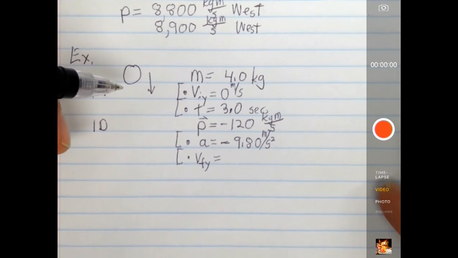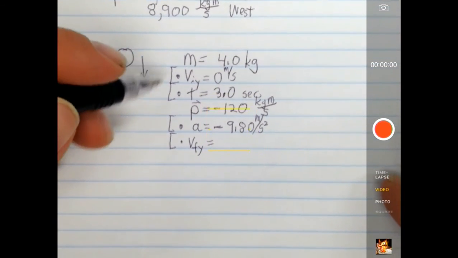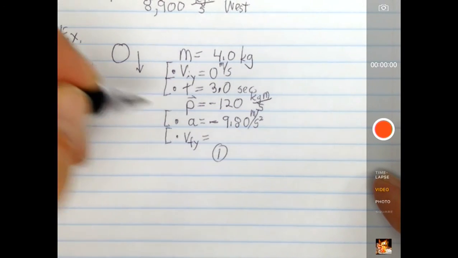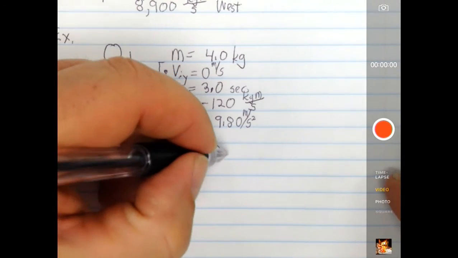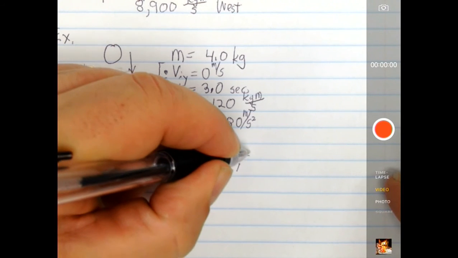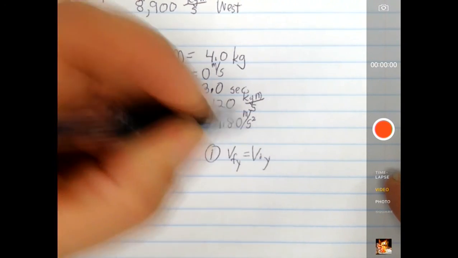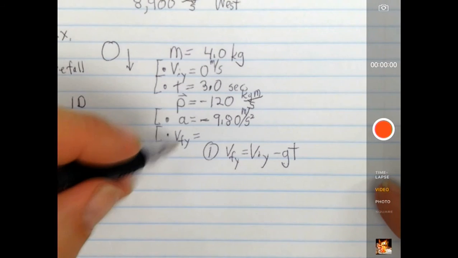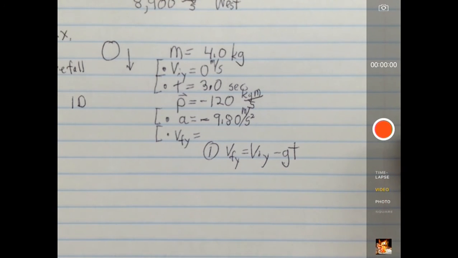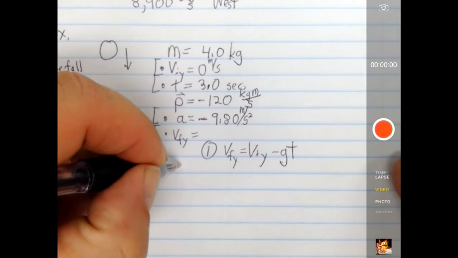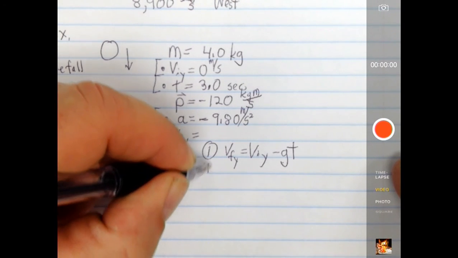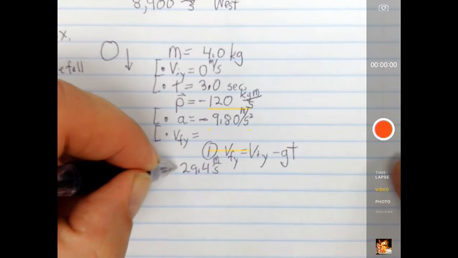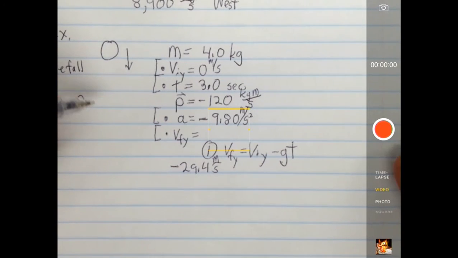The equation that connects these four variables to each other is the one that I refer to as equation 1. Final velocity in the vertical direction is equal to the initial velocity in the vertical direction minus g times t. When you plug things in, you get 3 times 9.8 is 29.4 meters per second downward in the vertical direction.